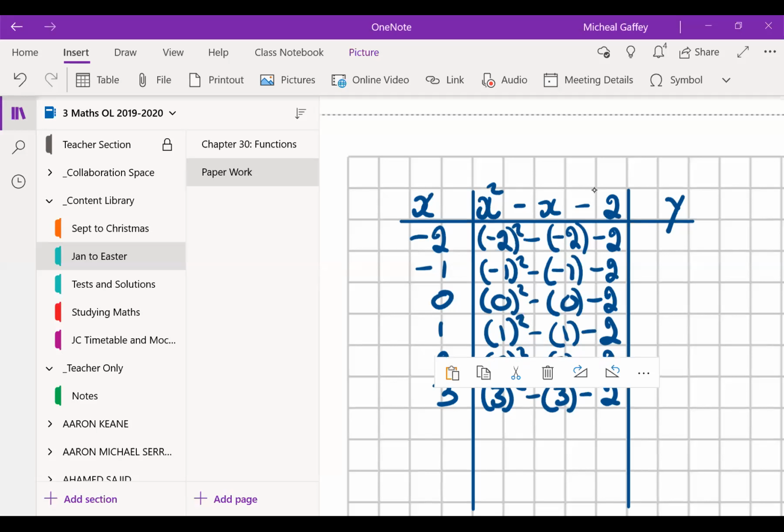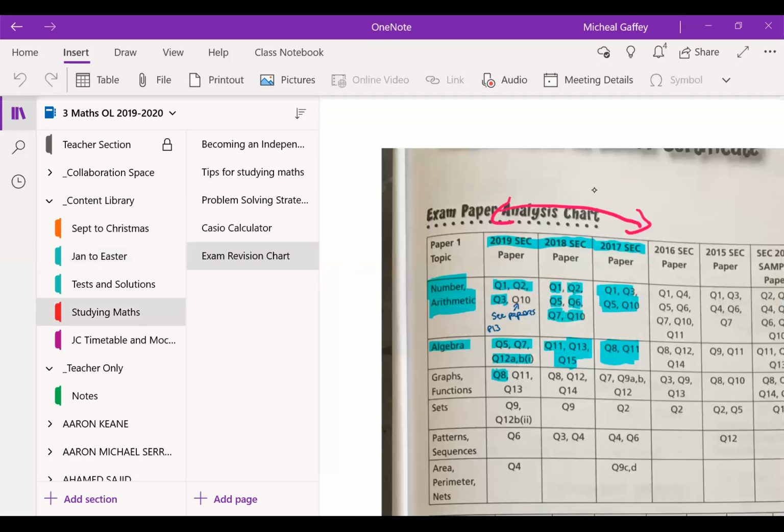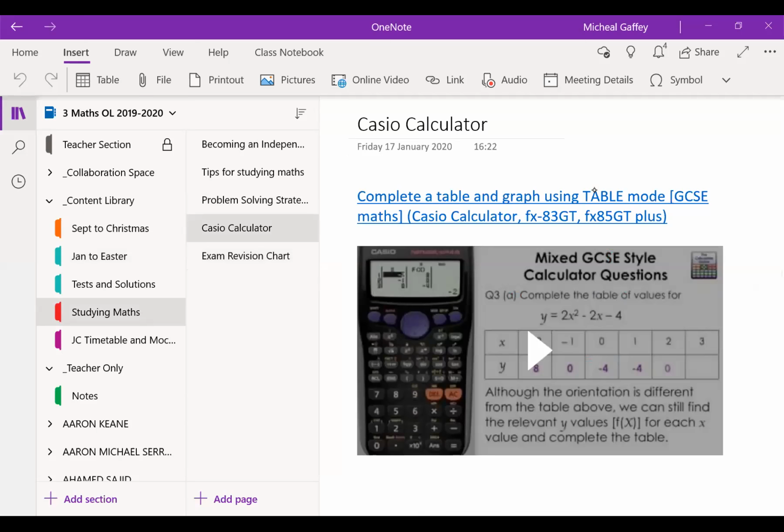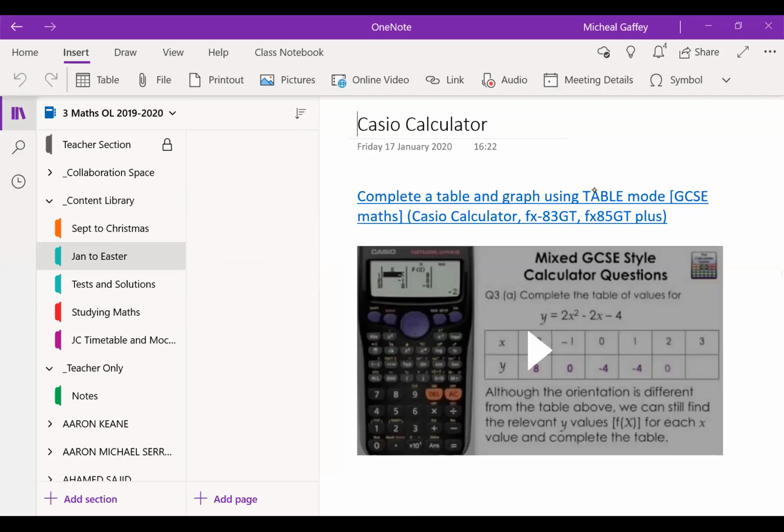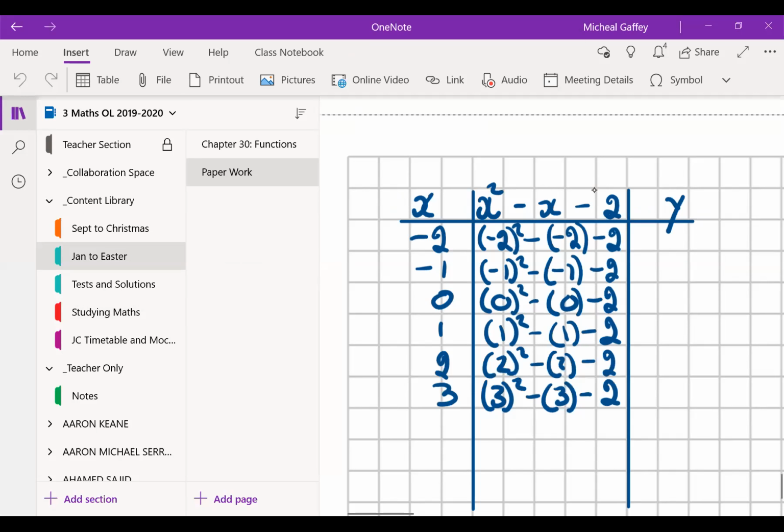If you want any information on using the Casio calculator to do this, just ask. I'm pretty sure I have it over here somewhere on the left side: Casio calculator, studying maths, there you go. There's a step-by-step how to do what I just did here. It just makes things a lot easier and quicker.